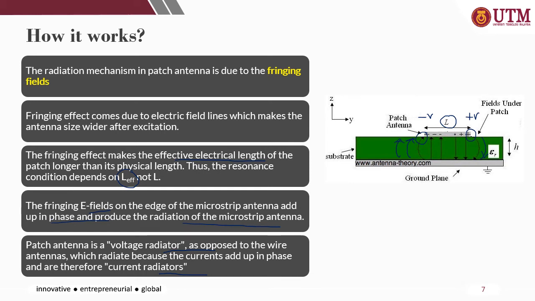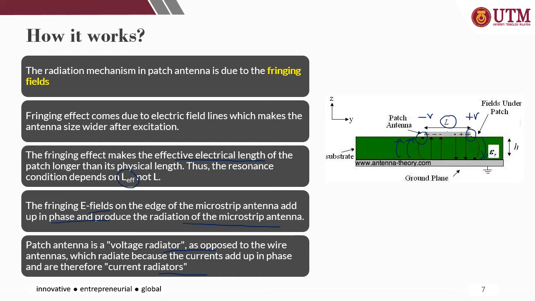So the larger the fringing fields, the better, because better radiation can be produced. The fringing fields also help in giving a more directive radiation pattern. However, the resonant frequency may be shifted due to the fringing effect compared to the desired frequency.